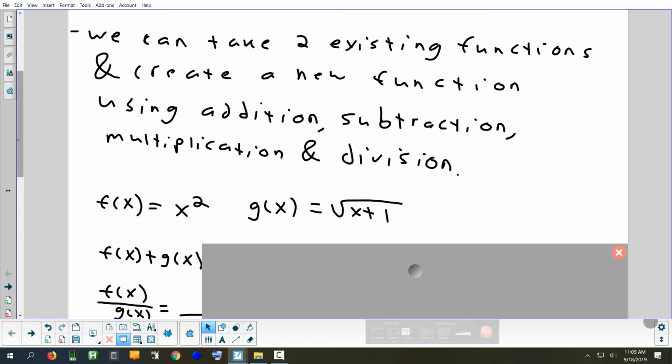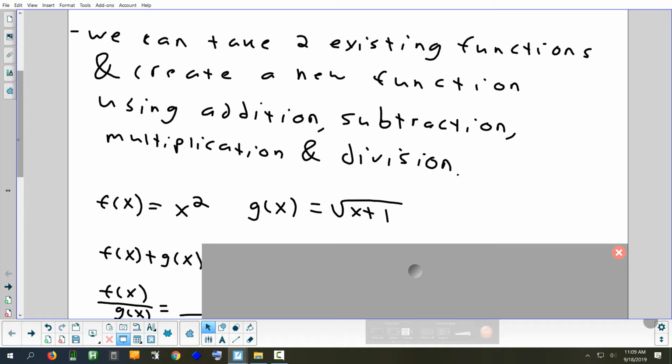Oh, Caleb? Are those two functions like terms? No. If they were like terms, f of x could be x squared and g of x could be 3x squared. Or 5x squared and 9x squared. Right? These are x squared and a square root. They're two totally different functions.